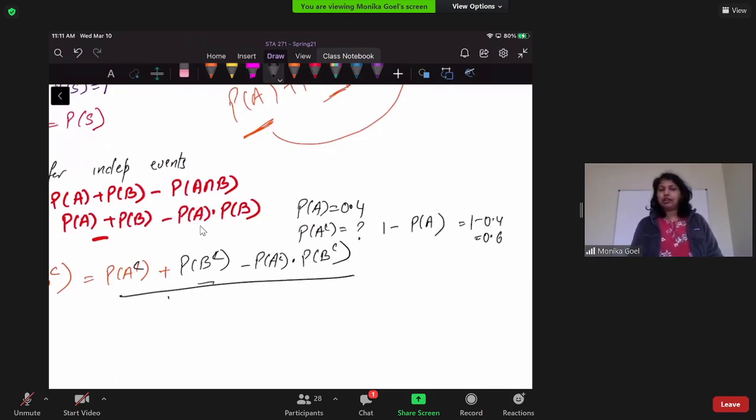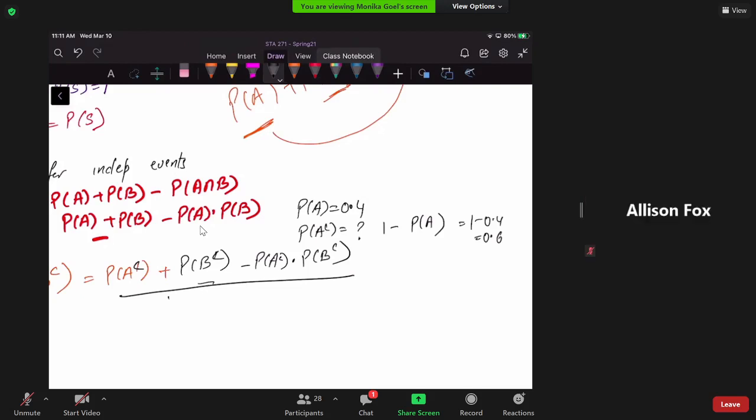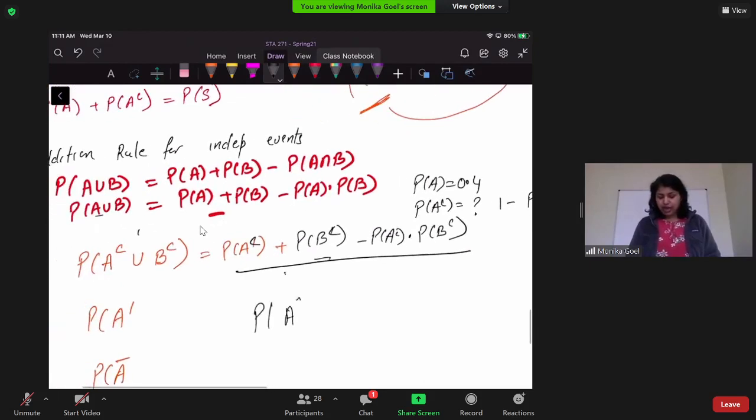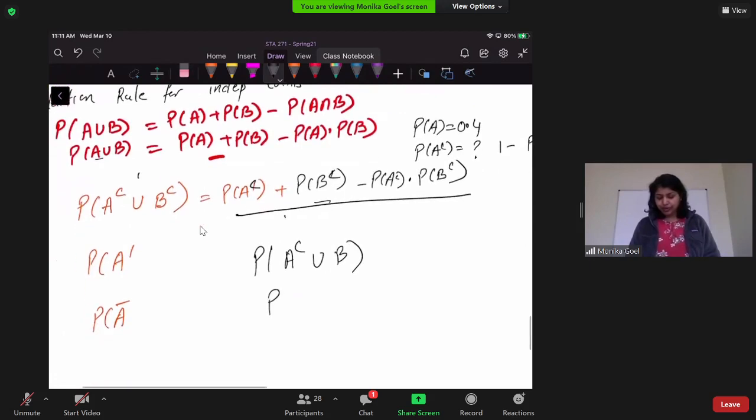If you already started working on your homework assignment, you see there are questions where it's not asking you the probability of A union B straightforwardly. Instead of that, it gives you the probability of A and the probability of B. So it's asking you the probability of A not happening or B, or the probability of A not happening union B, or A union B complement.